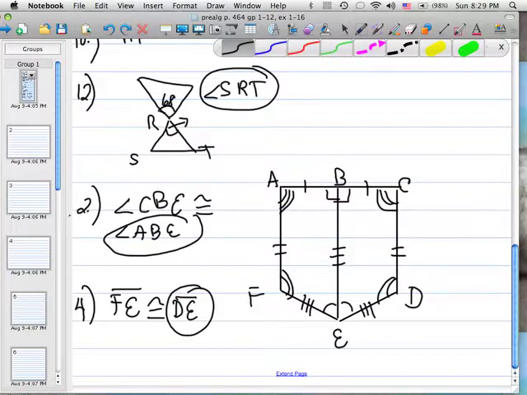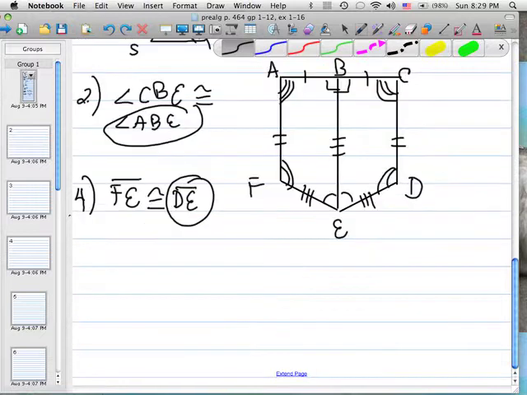And number 6, if the length of CD is 4.6 meters, then the length of what other line segment is 4.6? Well, the one with the same marking on it, which would be line segment AF.